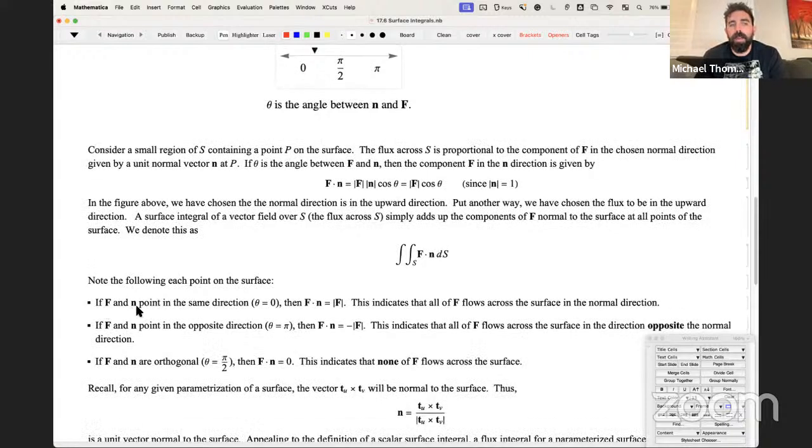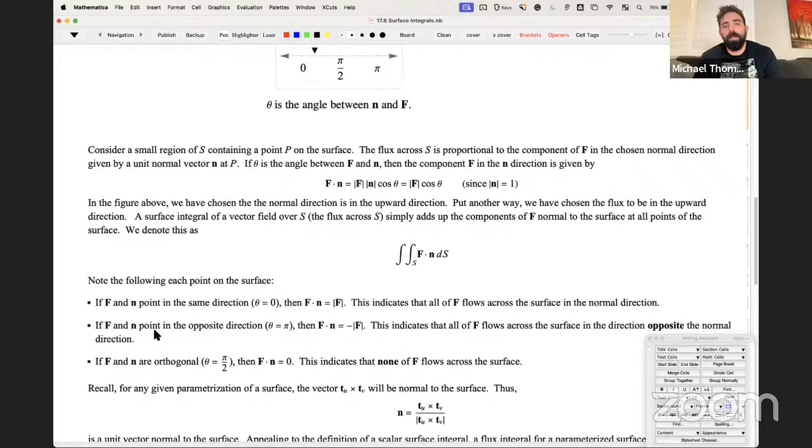Well, if F and N point in the same direction, let's say exactly the same, that would be theta equals 0, then F dot N would equal the magnitude of F. Cosine of 0 is 1. So this would be a positive number, and that's a positive contribution to the flux. So this would indicate that all of F flows across the surface at that point in the normal direction, giving us a positive contribution at that single point.